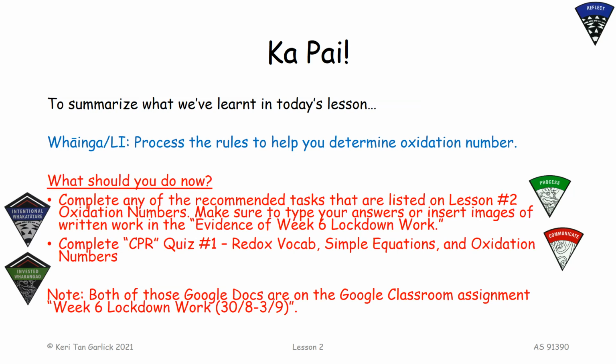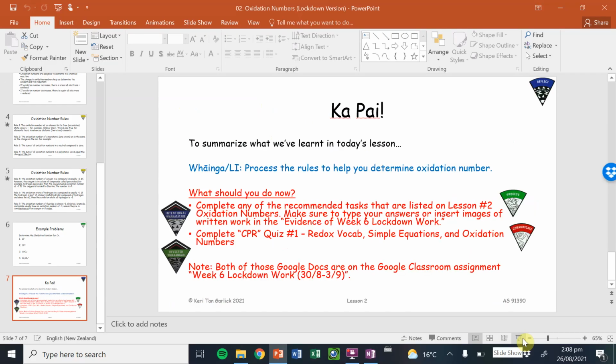That will help you practice redox vocabulary, simple equations, and oxidation numbers. There are answers posted to this lesson number 2, so you can check your work. And like I said, all these Google Docs are assigned under Google Classroom for week number 6. So that is everything, and hopefully all of that makes sense to you. If not, contact your teacher.